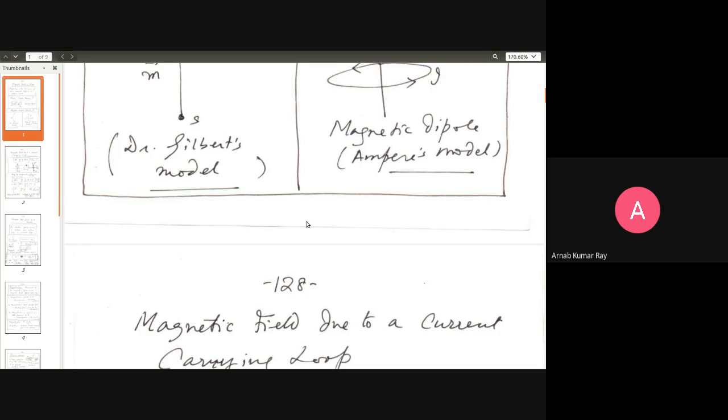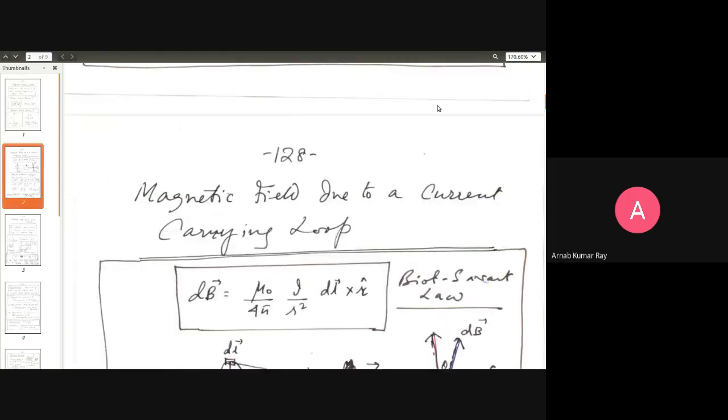So instead of an electron going round and round, you should imagine an equivalent positive charge going round and round in the opposite direction. That is the loop current on an atomic scale. But we will come to that discussion later. For the time being, we will just apply Biot-Savart's law. Magnetic field due to a current carrying loop.